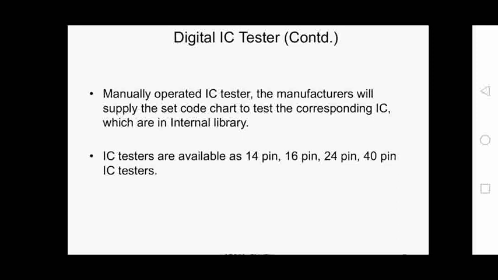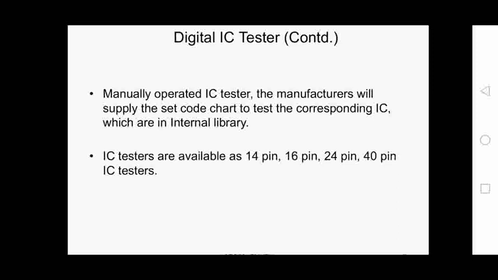That is internally available from the manufacturer. You will have different ICs based on your requirement, your application, or scientific analysis. Based on the advances, you will have different types of ICs nowadays.